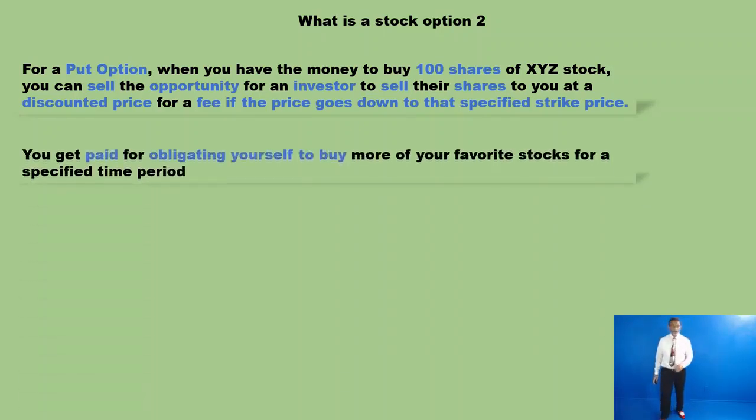So you get paid for guaranteeing that if the stock goes down to a certain price, you will buy it. The main point is, for that situation, you need to pick stocks that you love enough to want to buy them at a discount.